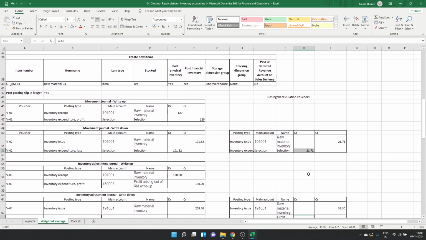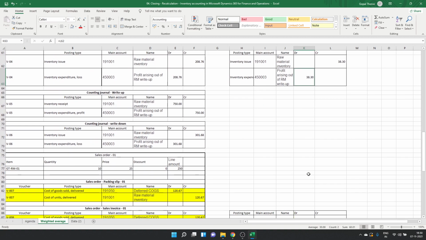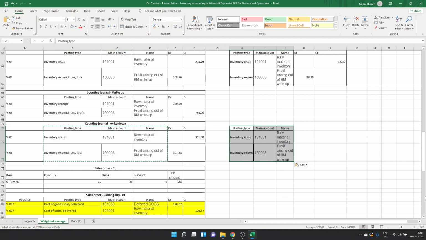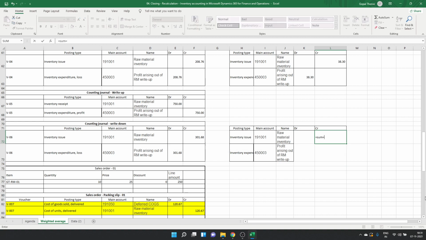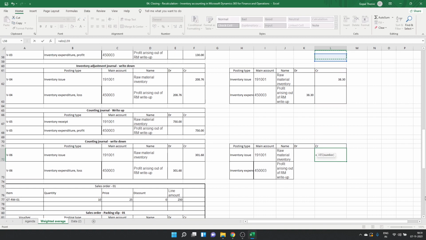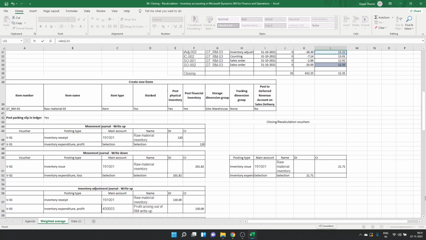Where is the first one? This I have not populated. Let us do that quickly. So inventory issues are happening with this. This is, I think, my third transaction.